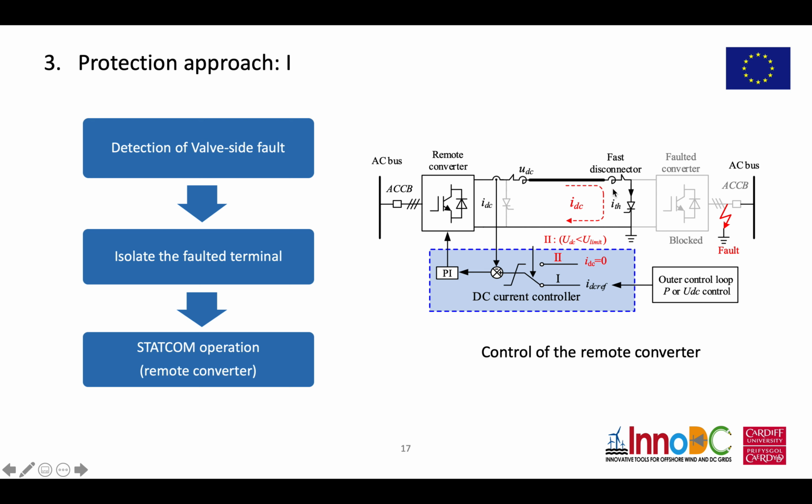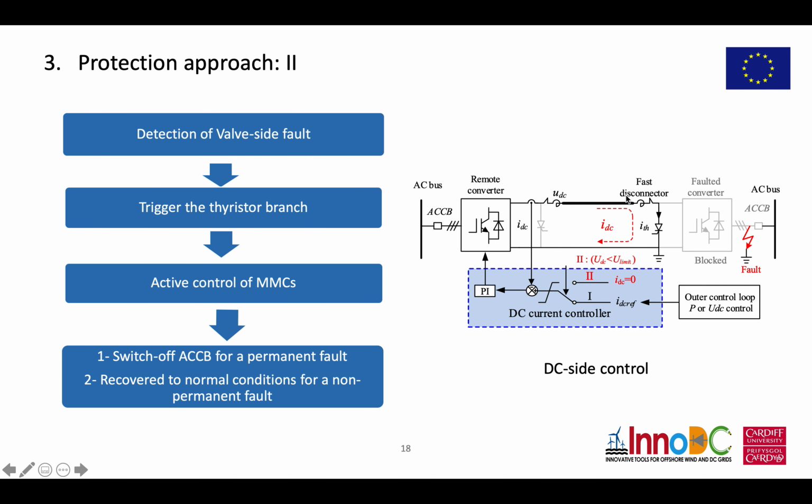If a DC side fault is detected, it is very easy to control the output current of the converter to be zero. Then the remote converter can work as a StatCom. So we proposed a control loop to avoid the overcurrent in the DC side when the Thyristor branch is triggered.